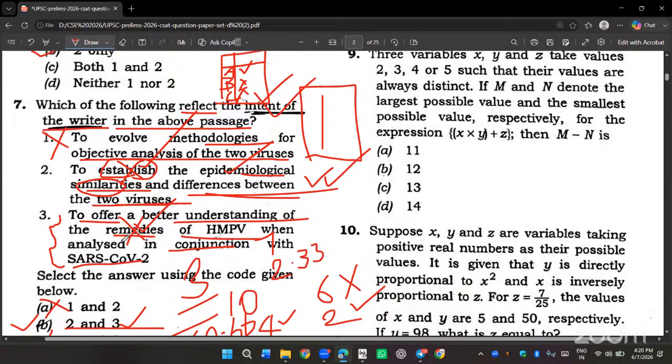Since the students are not able to understand this, they argue. It was not the inference of this passage, it is your own inference. The previous one is related to the intent of the writer. So if you get any word in support of remedies, establishment, then you can say, okay, this was the intent of the author.